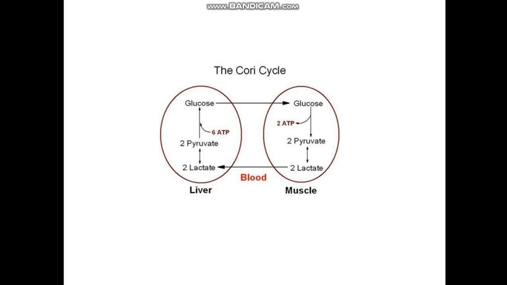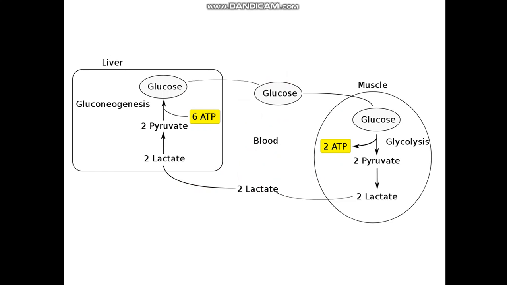Here is the diagram for the Cori cycle. You see glucose from the liver comes to muscle, is converted to pyruvate, gives you ATP, and then in anaerobic glycolysis, lactate is produced, which goes again to the liver and is converted to pyruvate and produces glucose through gluconeogenesis.